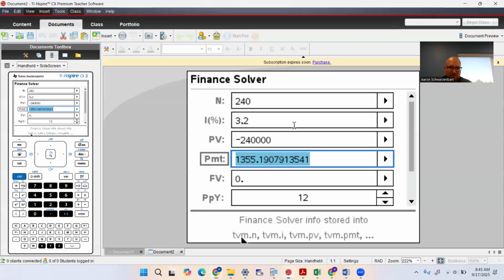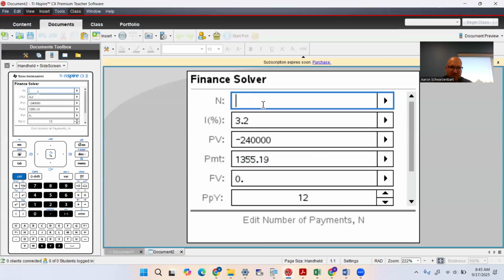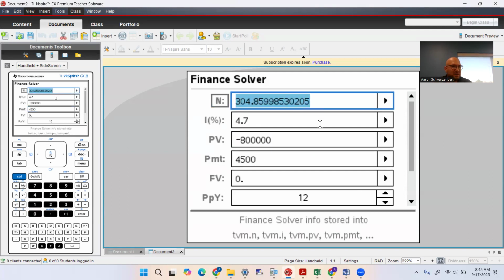So I go to my financial calculator. I don't know this much. This is 4.7. He had 800,000, so we're going to call that negative 800,000. He wants 4,500 a year. 305.